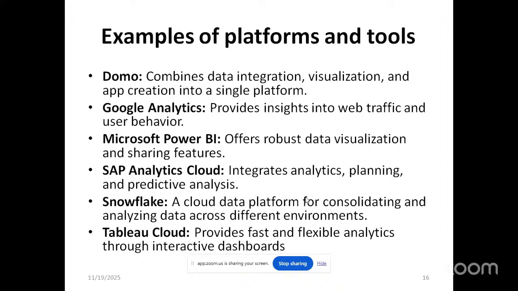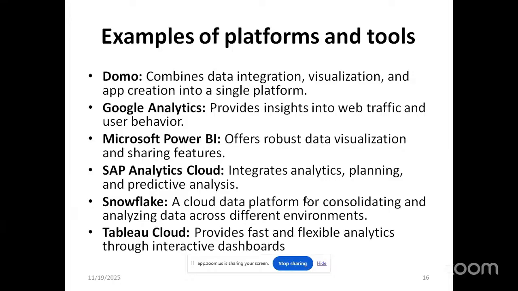Microsoft Power BI offers robust data visualization and sharing features. Next is SAP Analytics Cloud, which integrates analytics and planning, not only planning but also predictive analysis and predictive maintenance.